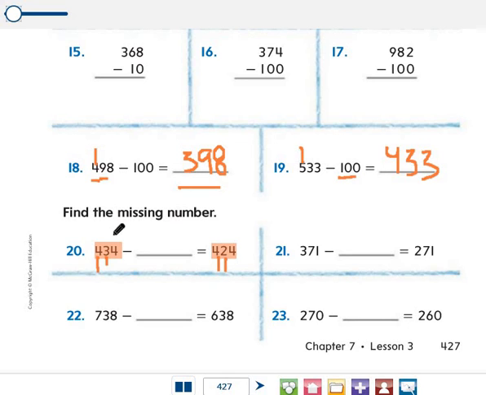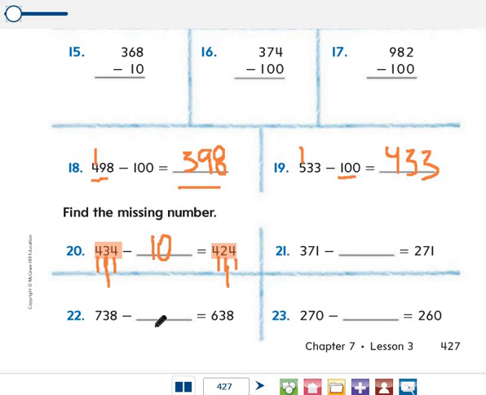It's 1 less than the tens digit here. And the ones digit here is the same as the ones digit here. So the tens digit is changed. So what do you think, grade 2? Did we subtract 10 or 100? Yes, of course, we subtracted 10. Great job.